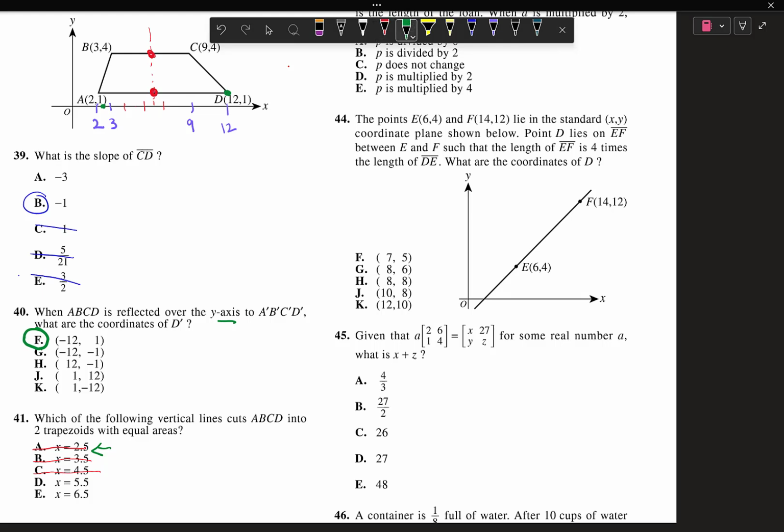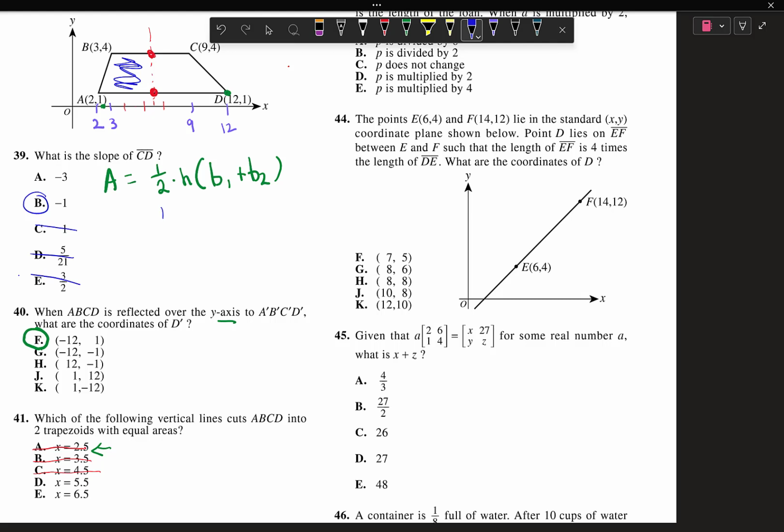So we're going to use the area of the trapezoid formula. So the formula is 1/2 times the height times the sum of the two bases. So let's calculate the area for the left side and the right side. Let's start with this left trapezoid that we've cut into with that red vertical line.